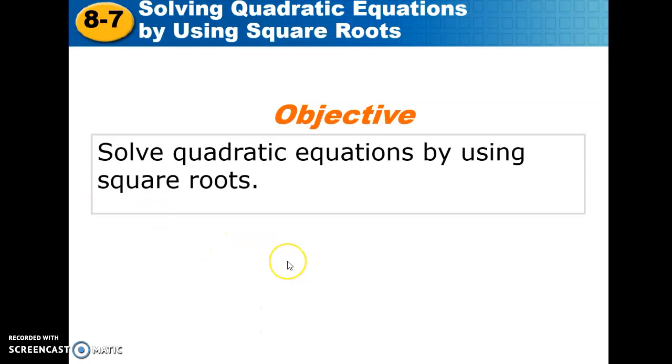All right, we're going to move on today with another method of solving quadratic equations. On Wednesday, we're going to solve quadratic equations using another method, so we're going to hit 3 out of the 4 methods. It's a pretty good basis for you next year.